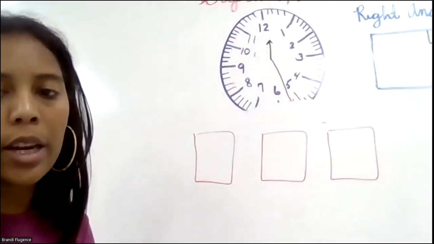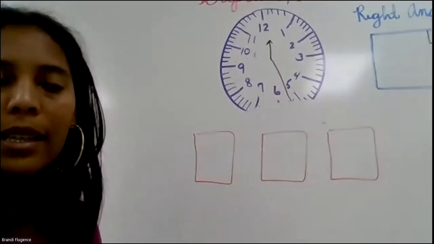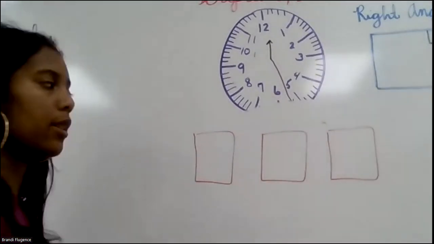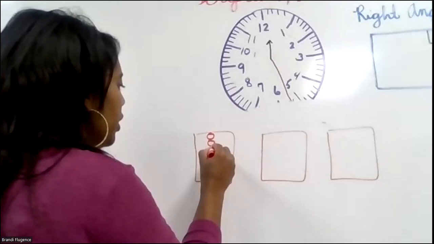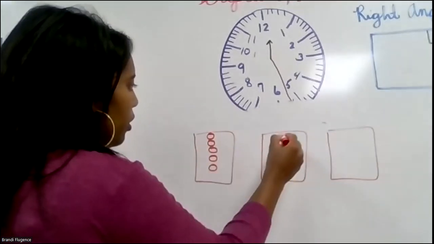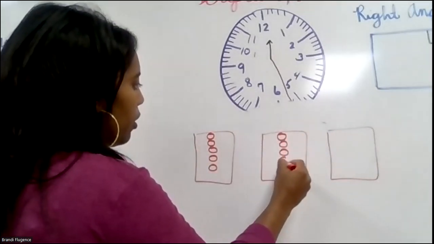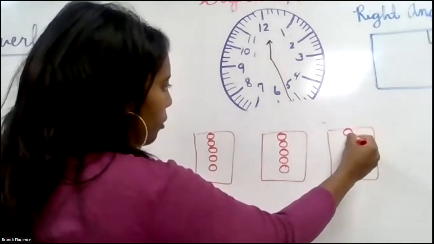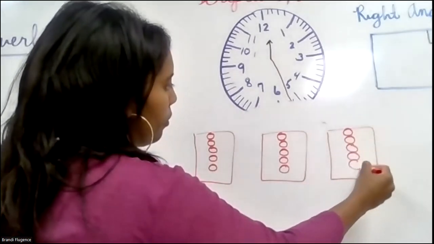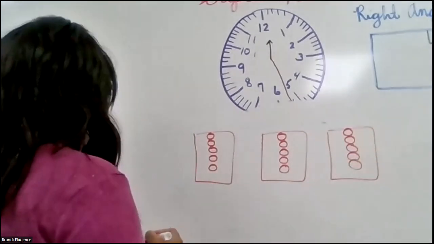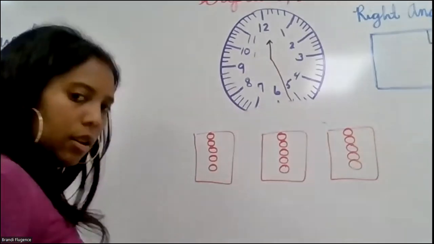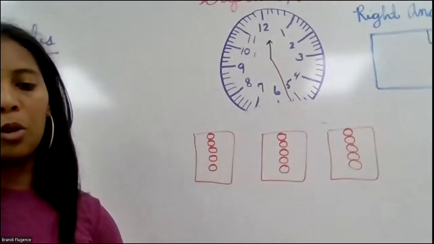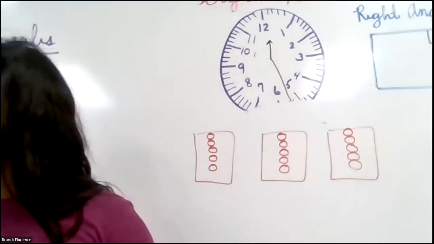Three shirts, and on each shirt we have 5 buttons. Each shirt has 5 buttons. So we draw 5 buttons on each shirt. 3 shirts, 5 buttons on each shirt.